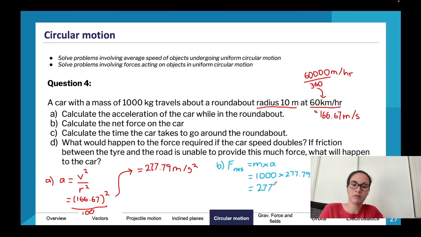It's a very long number. It's going to be 277,788.89. And this is an approximate, by the way, because I rounded. Once again, that's going to be in newtons. So a lot of force.